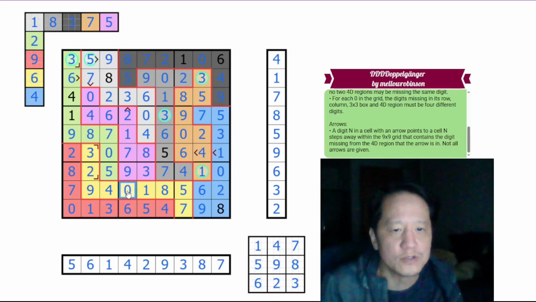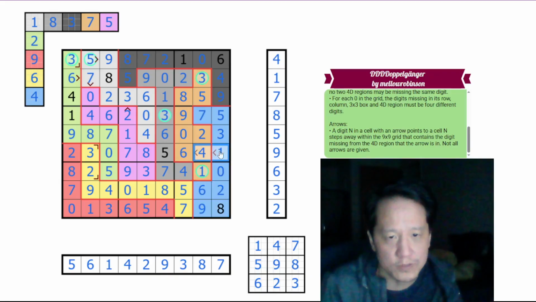And the 0 is missing 4 in the column, 3 in the row, and 2 in the box. Blue 4 is missing 4, which is 1 away here. And its 0 is missing 6 in the row, 7 in the column, and 3 in the box.